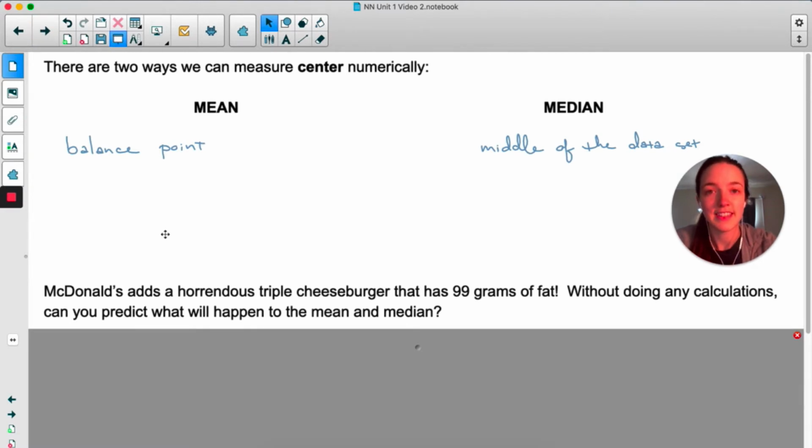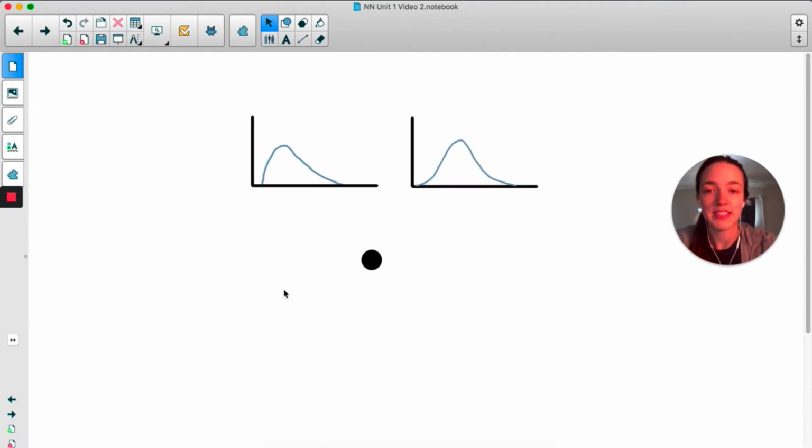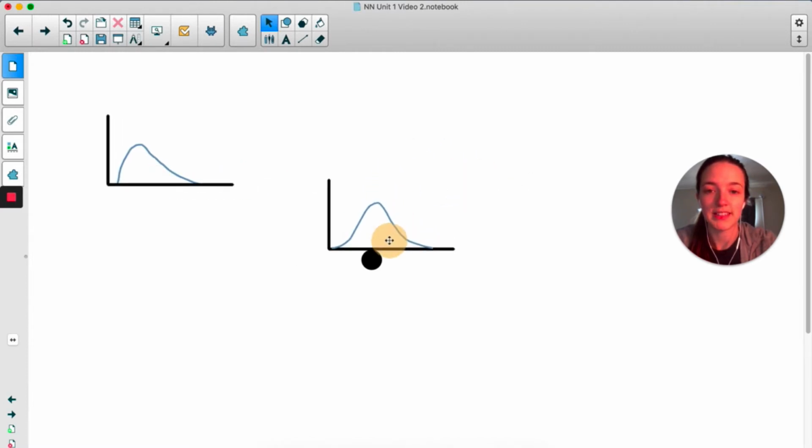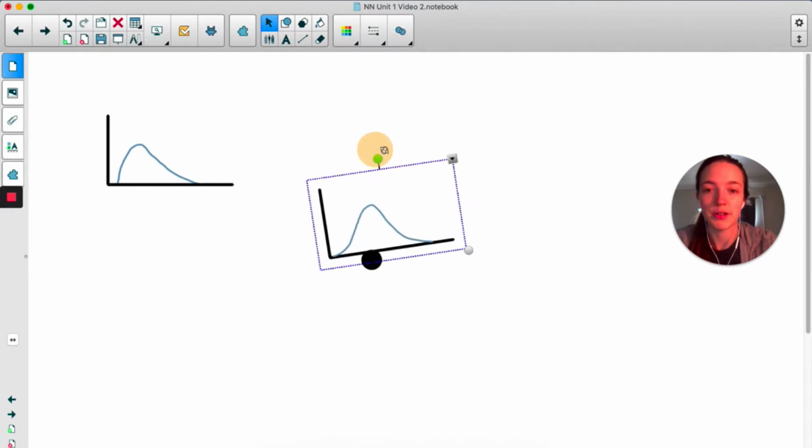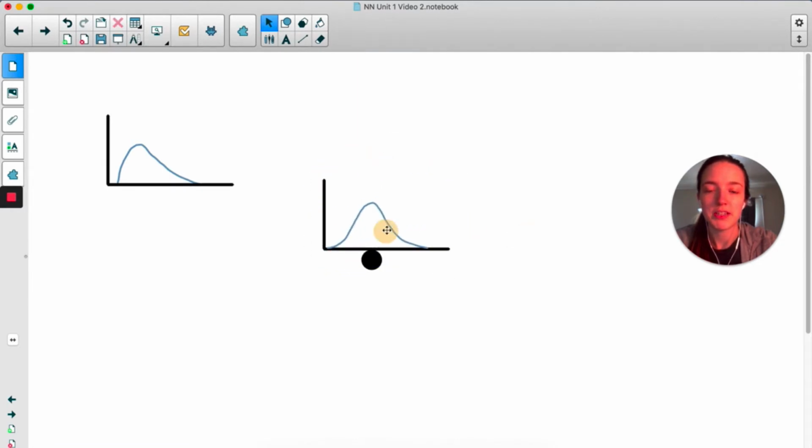Now you've likely seen these before. The mean of a data set can be thought of as the balance point. For example, if I have these 2 distributions, the symmetric one, imagine this is a ball I'm trying to balance it on, so I don't want it to tip. If I want to balance this distribution, I'm going to have to line it up so that the tallest part of the distribution is right above the ball.